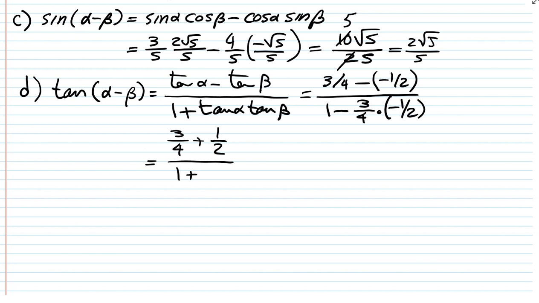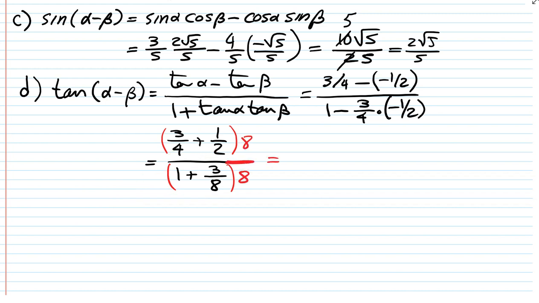1 plus 3/8. Now the easiest way to tackle a complex fraction is multiply top and bottom by the LCD of all denominators of 4, 2, and 8, which is 8.